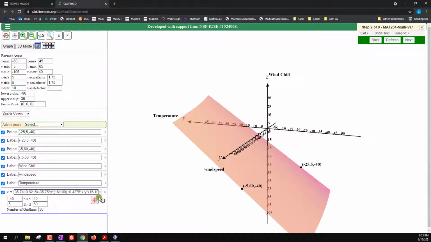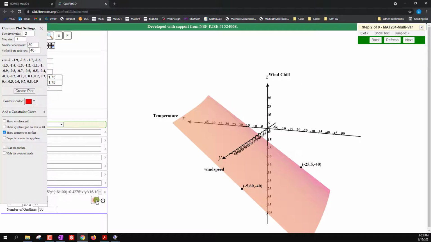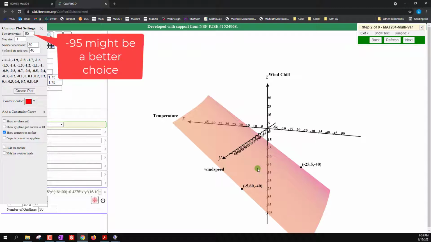And if you click this image here, this is your contour plot image. So let's click that. And this will enable me, once I hit create plot, to create a contour plot, which I'll explain in just a moment. But I need to go ahead and set it up here first. So what I'm going to do is I'm going to say, well, I think my z values, kind of the most negative z values I saw were maybe something like negative 85 for z.